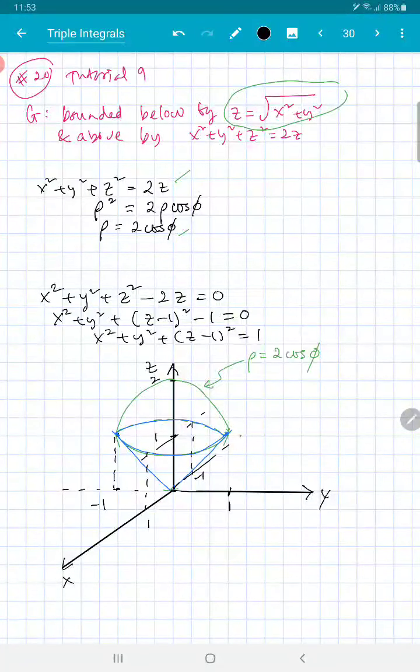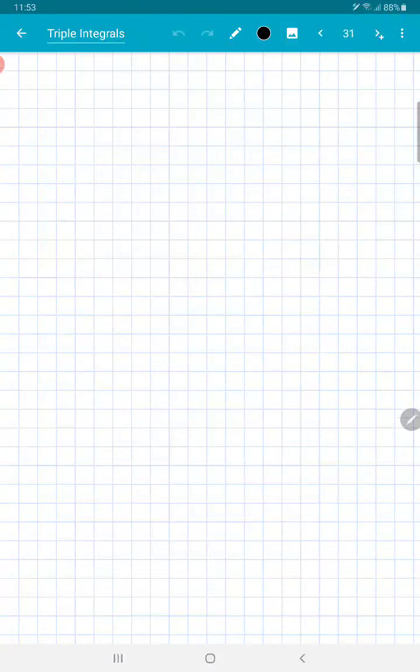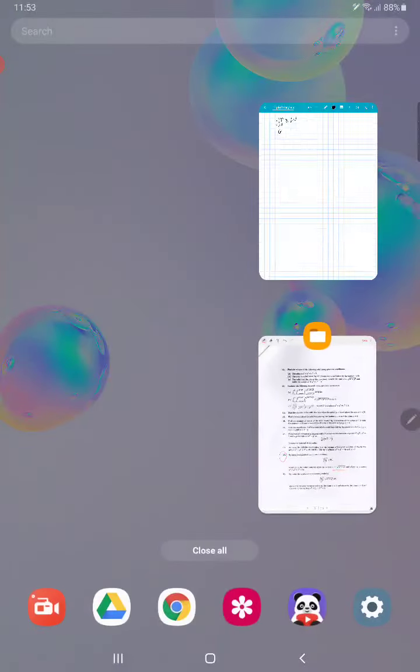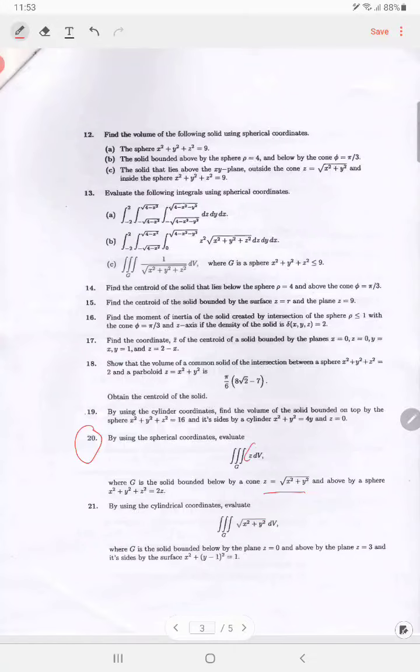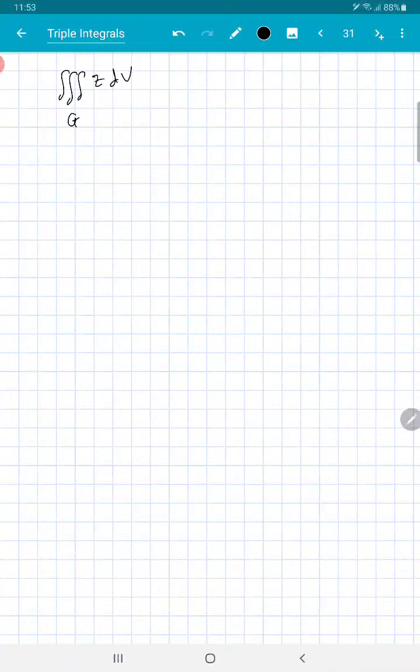Here we are asked to integrate z over solid G. We're not calculating volume here. If it's volume, then the integrand is 1. First of all, we replace that z using spherical.